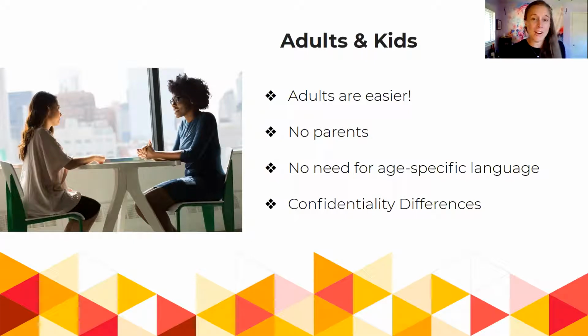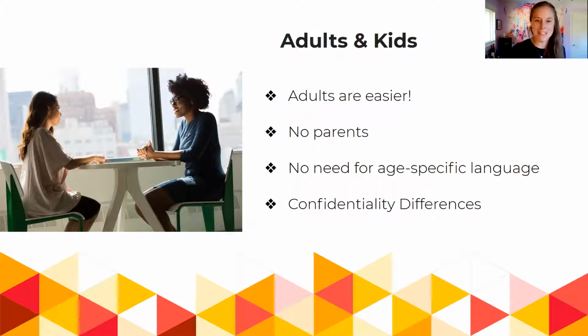But if you are overwhelmed right now with the amount of information we've thrown at you, I've got a little bit of good news. You likely already have a juvenile diversion program in your jurisdiction, in your community, and adults are very similar to kids. They're not very different, so you already have an amazing foundation to build from.